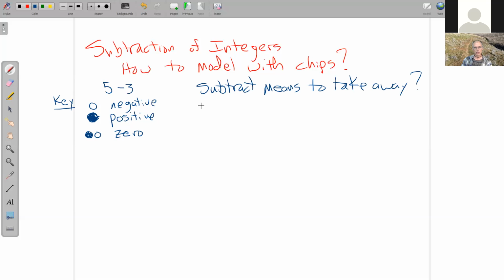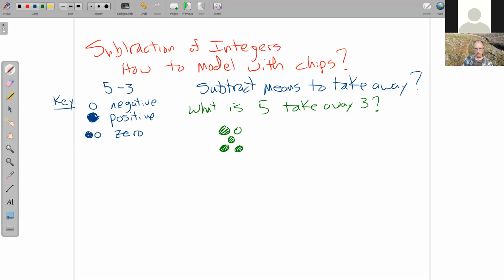And so a question I could put with this to make it a little more clear is what is 5 take away 3? And so I start with my group of 5. And make sure you have the right version.